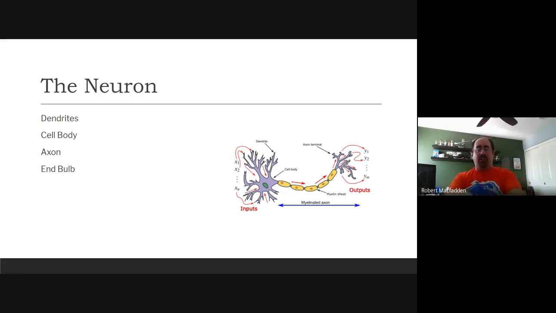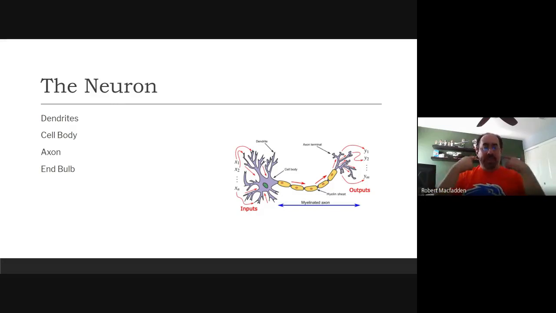But it is kind of a long way for those electrical impulses to get transferred from one neuron to the next, to the next, all the way to your brain, where a bunch of neurons fire and go, I feel pressure, or I feel hot, or I feel cold, or whatever you happen to be feeling. Same thing with your eyes. Your eyes are absorbing light radiation, translating that into an electrical impulse.